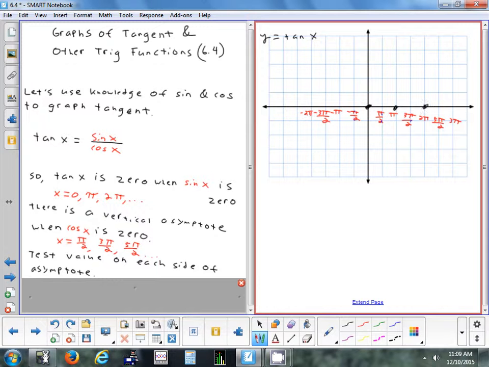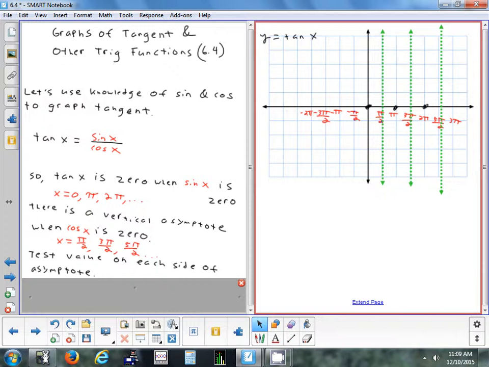We could keep going, but this will give us enough sections to sketch it. And I'm going to have asymptotes at pi over 2, at 3 pi over 2, 5 pi over 2, and so on. Once we figure out what tangent looks like in one of these sections, we can just copy it to as many sections as we want.